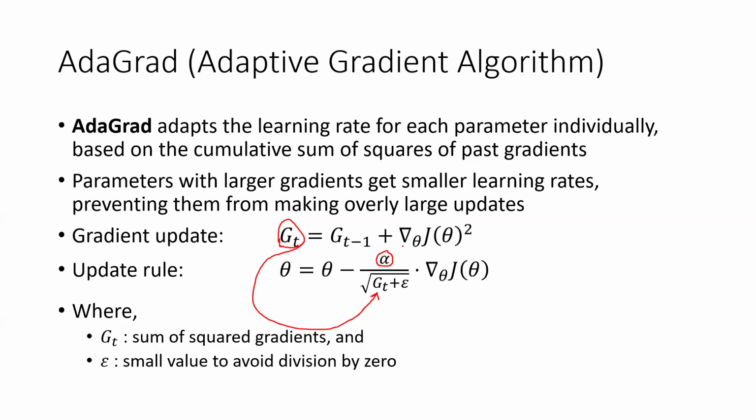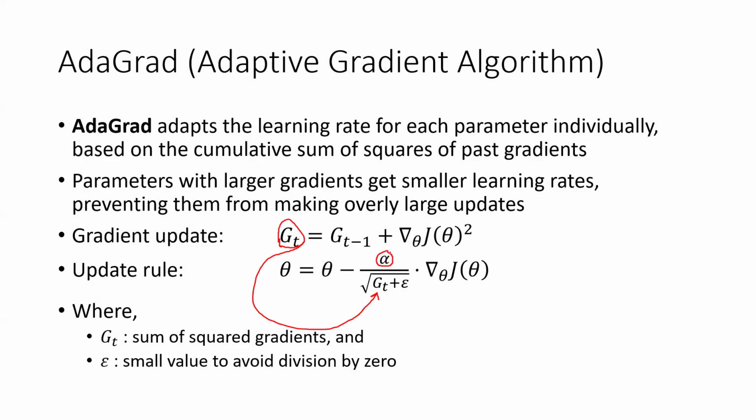If you move too fast, you would miss the optimum point, and it may lead to divergence. So when the gradient is too high, this would automatically reduce the learning rate.